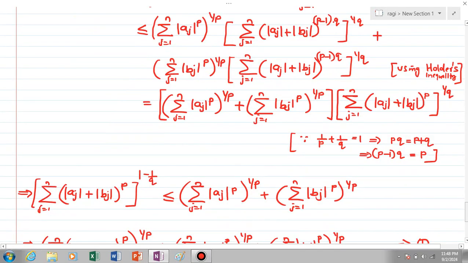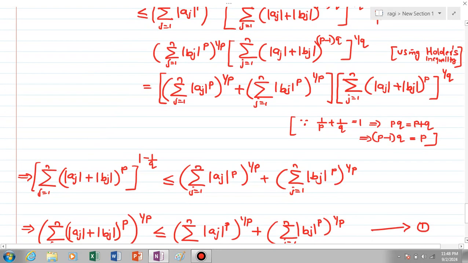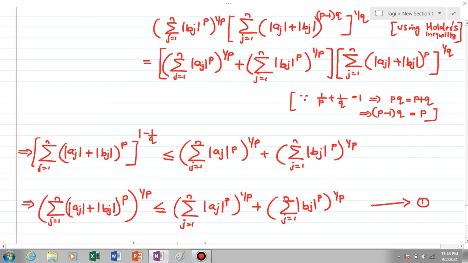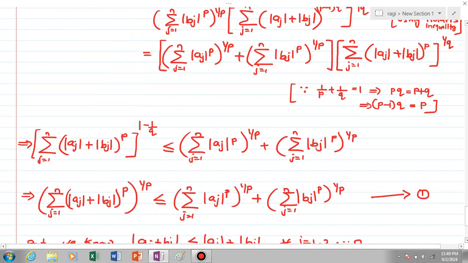That is (Σ_{j=1}^n (|a_j| + |b_j|)^p)^{1-1/q} ≤ (Σ_{j=1}^n |a_j|^p)^{1/p} + (Σ_{j=1}^n |b_j|^p)^{1/p}. Okay, and in the left side the power becomes 1/p, since 1/q + 1/p = 1, and we can see that (Σ_{j=1}^n (|a_j| + |b_j|)^p)^{1/p} is less than or equal to the right side. Let it be equation number 1.